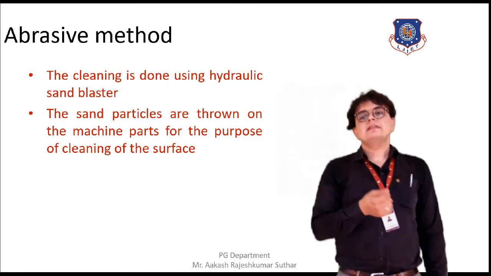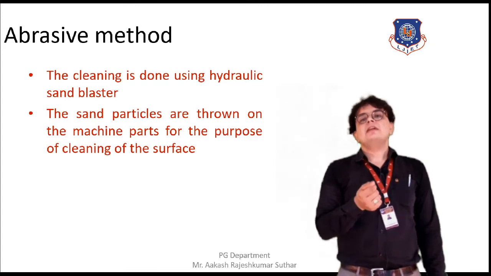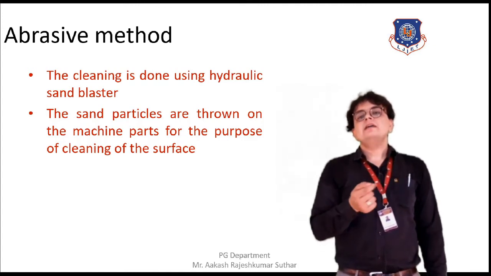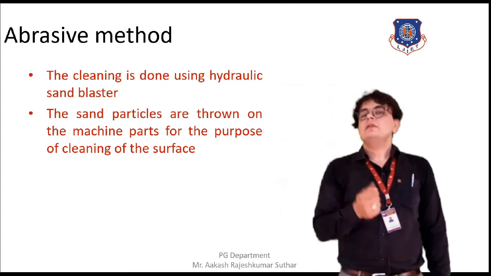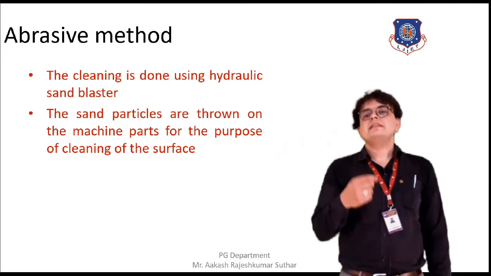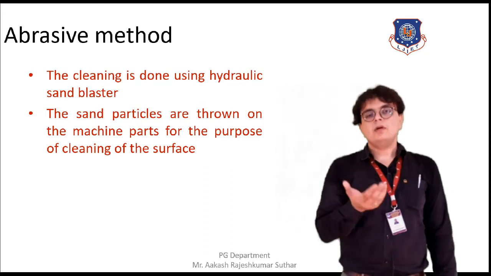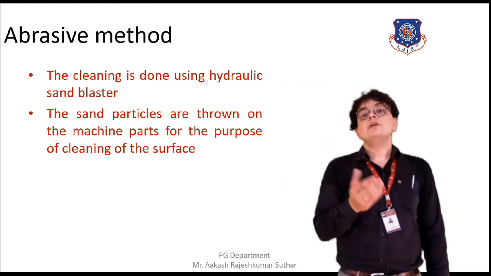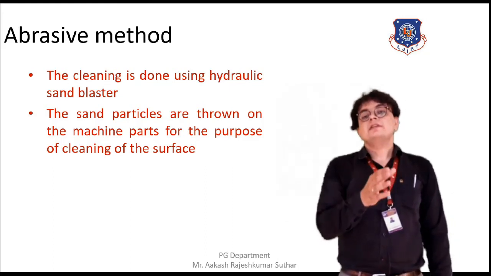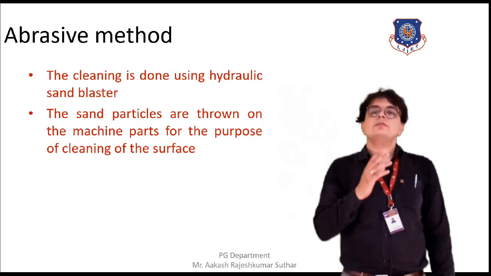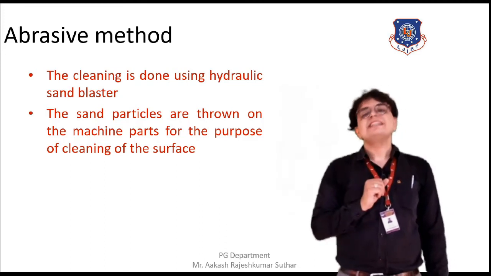And by just spraying this abrasion, the rust and the dust will be removed. And parallelly, the oil and other layers found on the surface previously will be removed. So this is how the abrasive method is used.